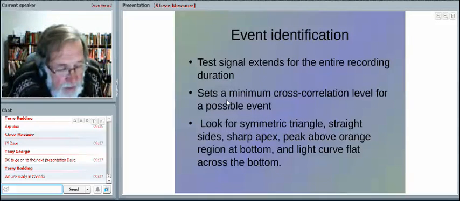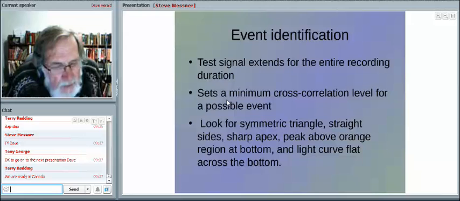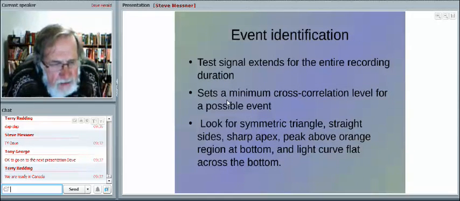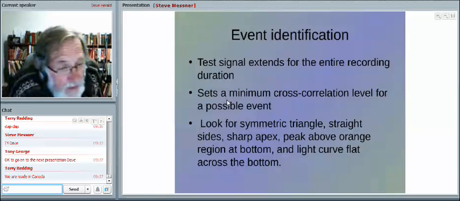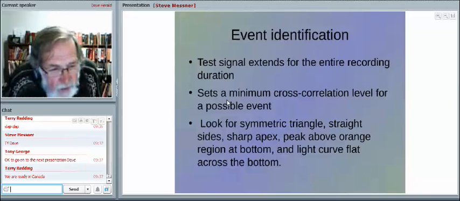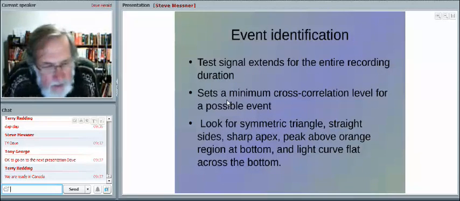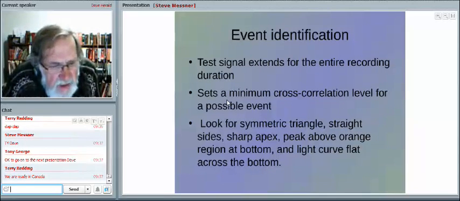Any real occultation has to last for more than a single frame as a general proposition. So any real occultation will have a cross-correlation value which is higher than that for a single frame cross-correlation function. So you can set a minimum level above which you've got a real event likely to occur.